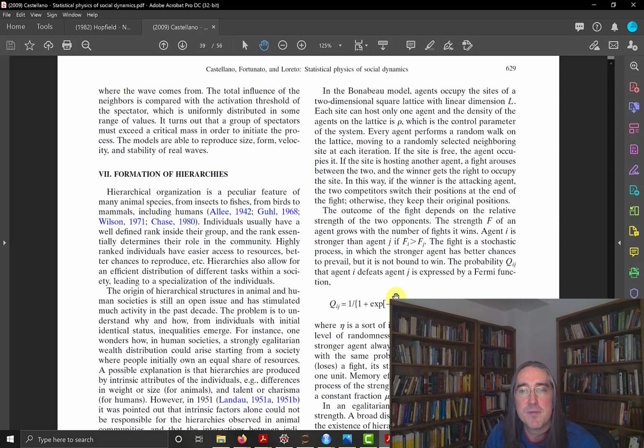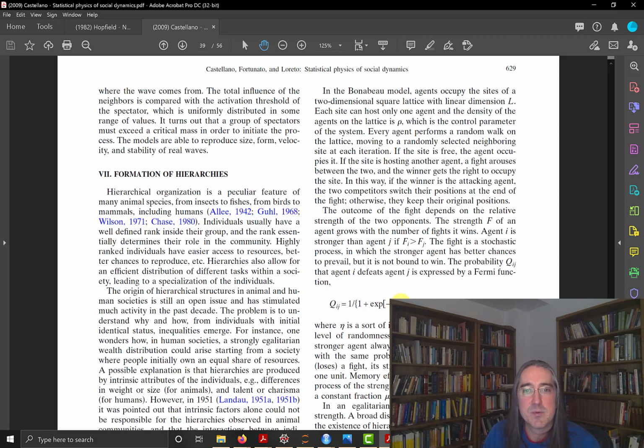It's always going to be 50-50. You have e to the 0 is 1, so 1 over 1 plus 1. This Qij is the probability that i beats j. Beta is really 1 over the randomness, so if you set eta to 0, you're setting the randomness all the way up, which means it's always 50-50 no matter how strong the two are.